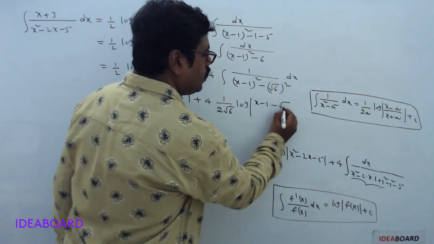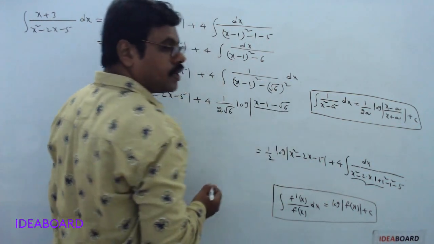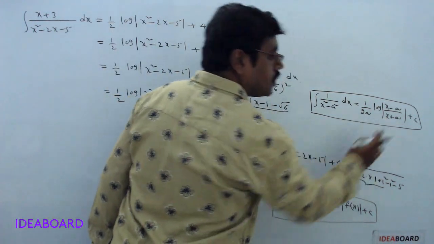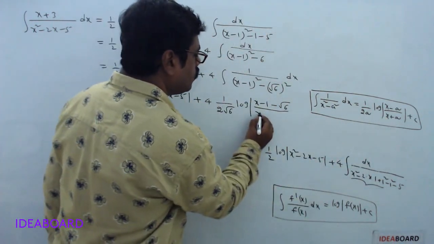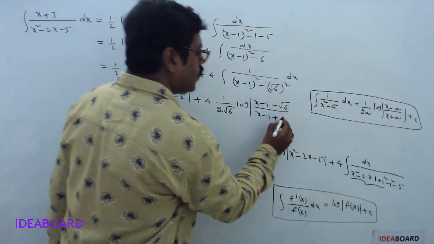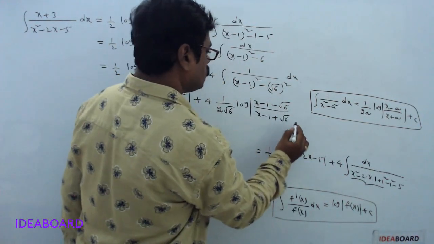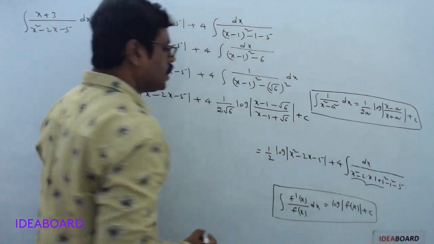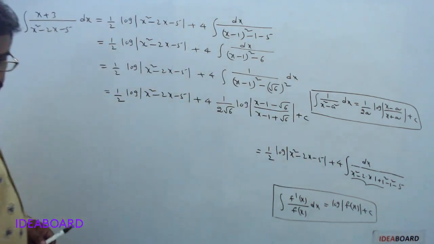What is the value of a? Root 6, divided by x plus a. What is the x value? x − 1 plus a. The a value is root 6, plus some constant c.